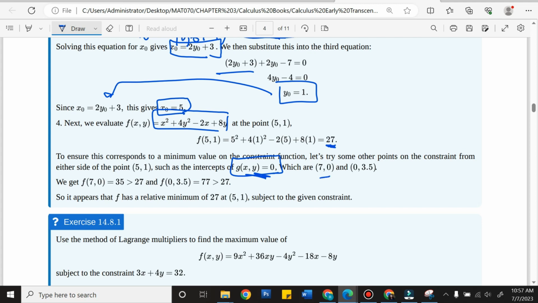So, we can have 7, 0, and 0, 3.5, or 7 over 2. Now, if we substitute those, we have 27 here. What we get for f is 35. This other one is 77. Now, take note that both are greater than 27. So, here, we can conclude that 5, 1 is your relative minimum. Okay?